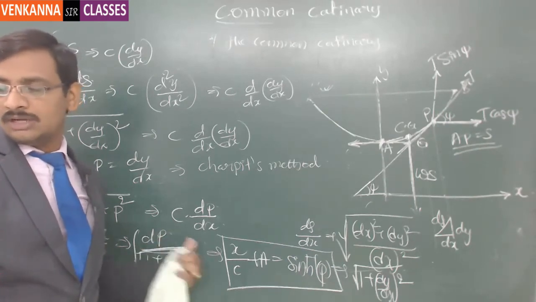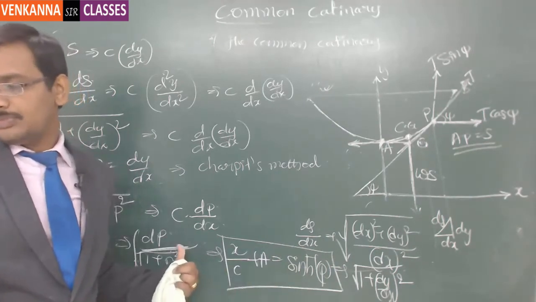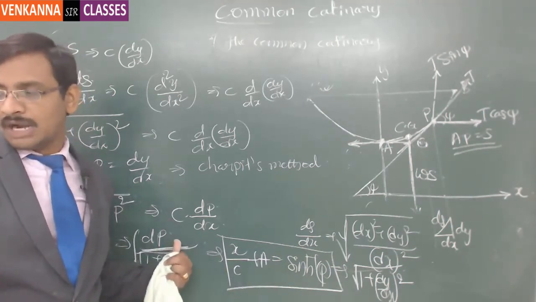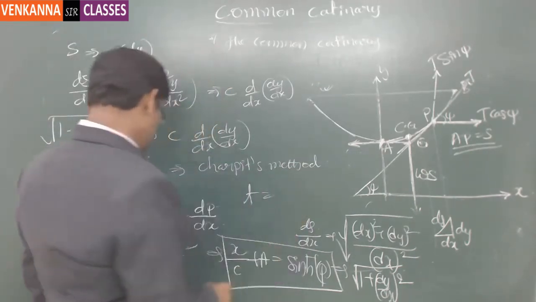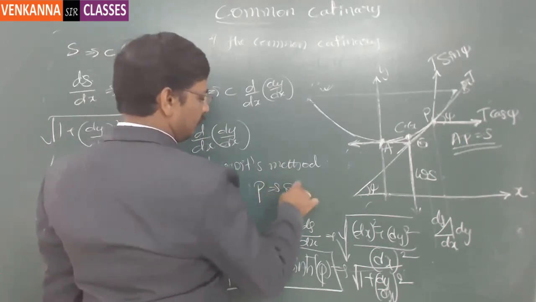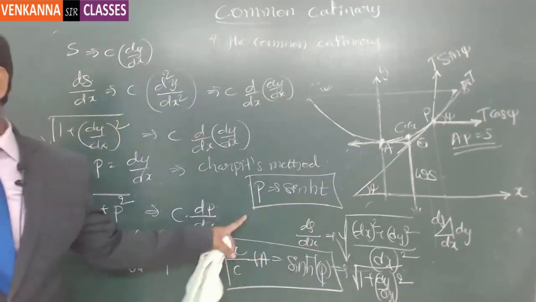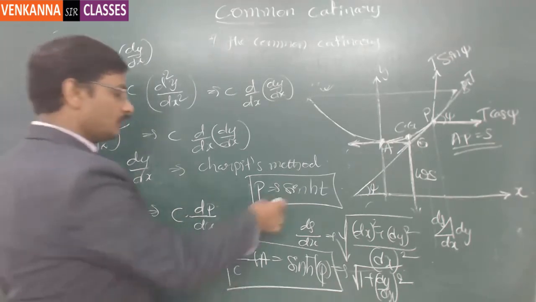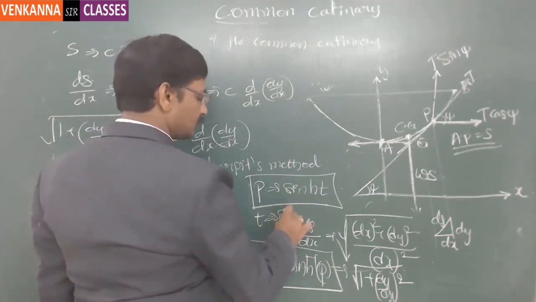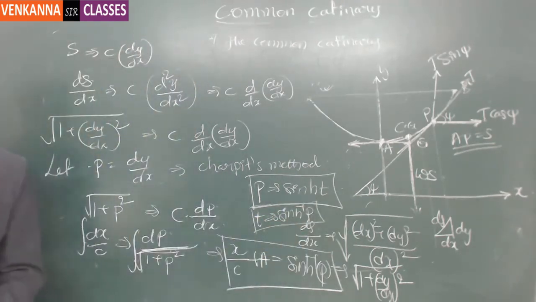Both will cancel out and you will get the answer as t, which is equal to sinh inverse of p. You introduce some random variable t, p is equal to sinh t, then just find dp by dt and put it here. Everything will cancel out and finally you are going to get t, which is equal to sinh inverse of p. I hope I don't need to explain this. Got it? Okay.